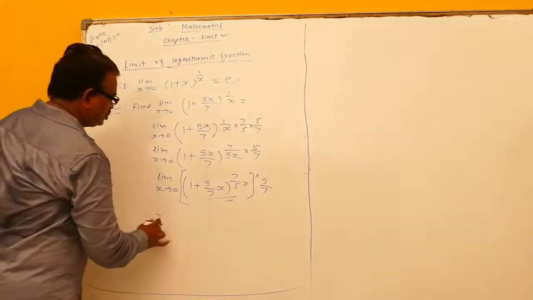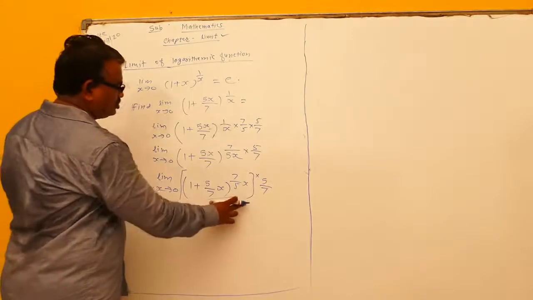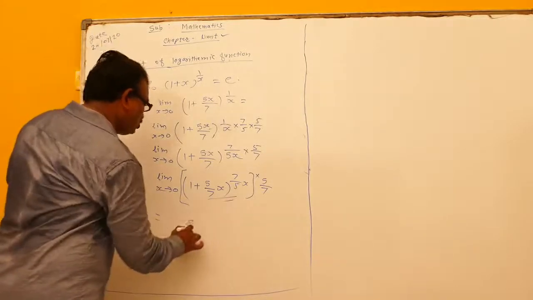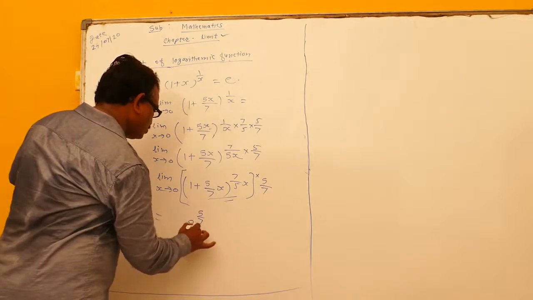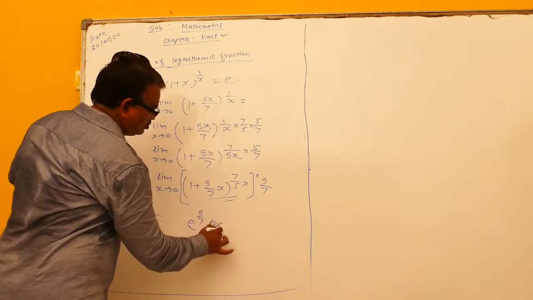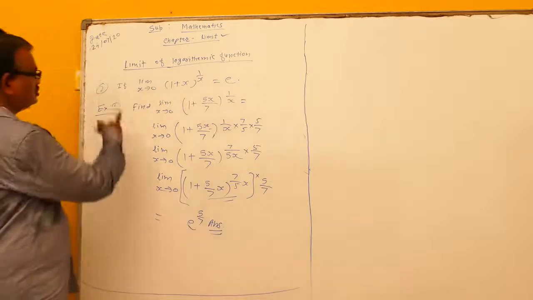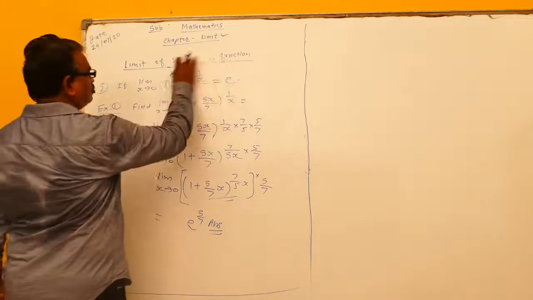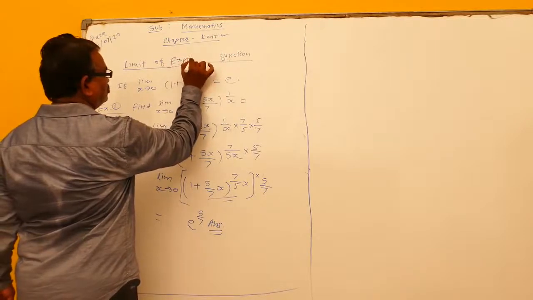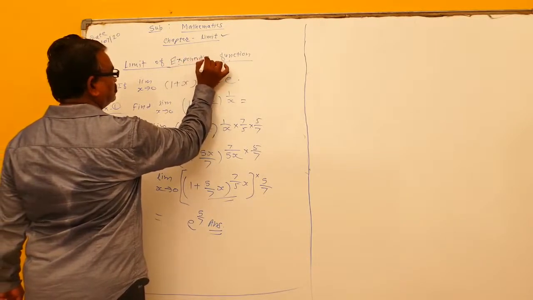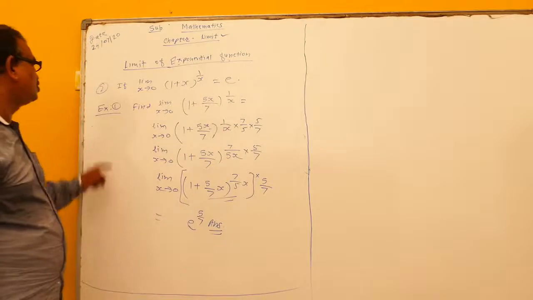Therefore, the limit of x tends to 0, this bracket value is e to the power 5 by 7, which is the answer. This example is for the exponential function, second formula.